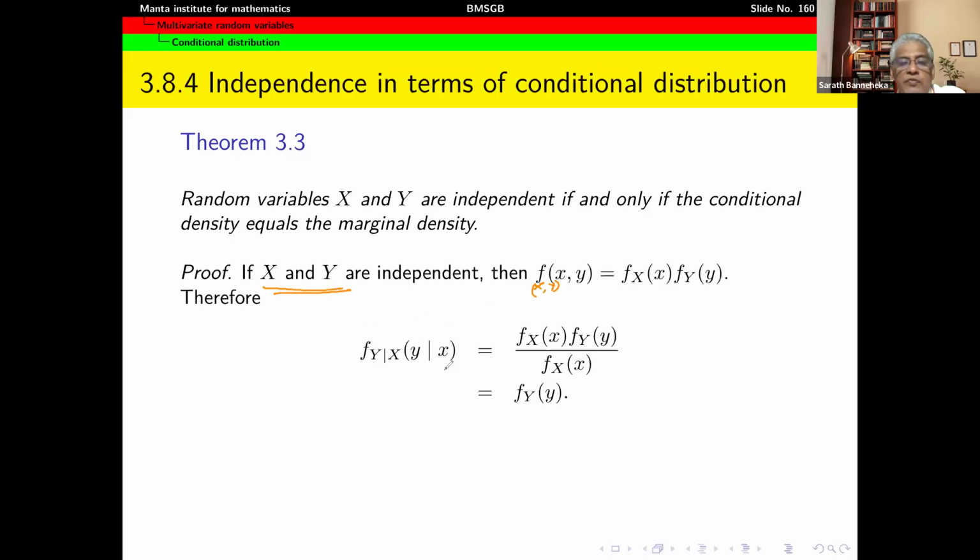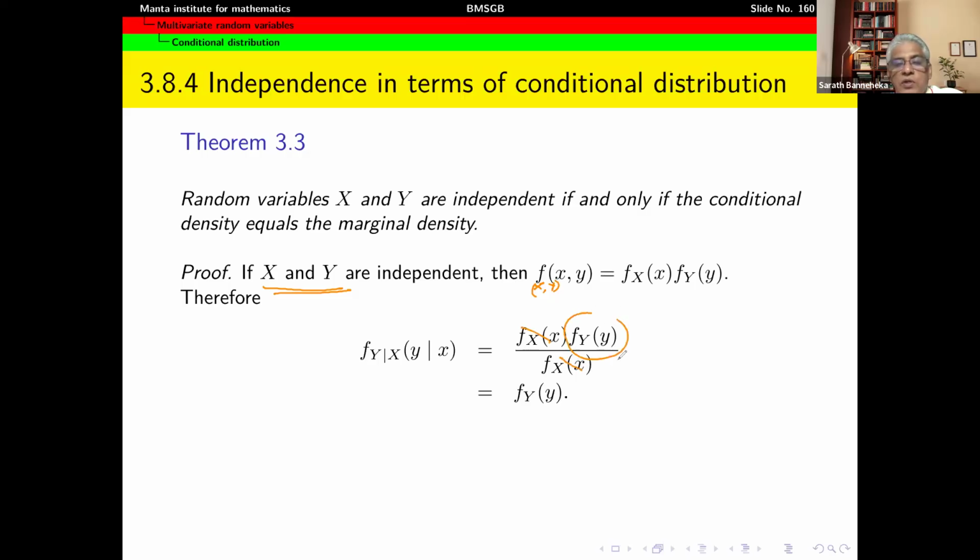So therefore, if we now look at the conditional distribution of Y given X, we know that it is equal to the joint density divided by the marginal density of X. But now the joint density is equal to the product, and therefore we can write it like this, and then this cancels out.